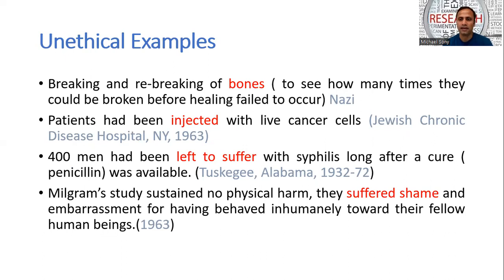In another study in Jewish Chronic Disease Hospital in the year 1963, patients were injected with live cancer cells. In another study, 400 men had been left to suffer with syphilis long after a cure, penicillin, was available and discovered.